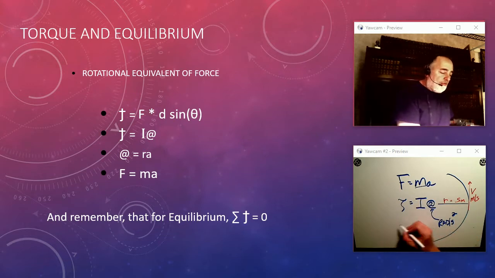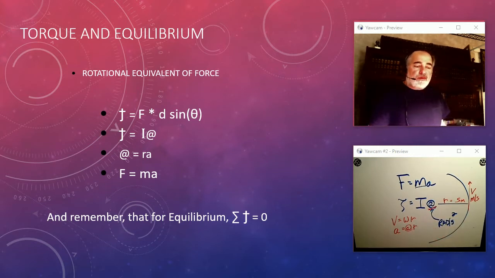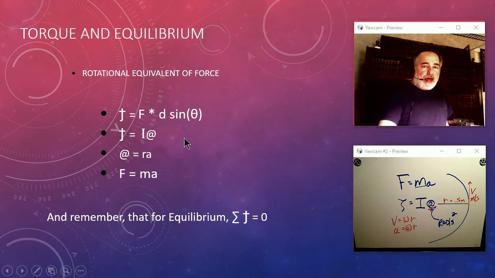As we saw before, velocity is equal to rads per second times the radius. I can know that acceleration is equal to alpha, the same alpha that we have here, times the radius. Okay?